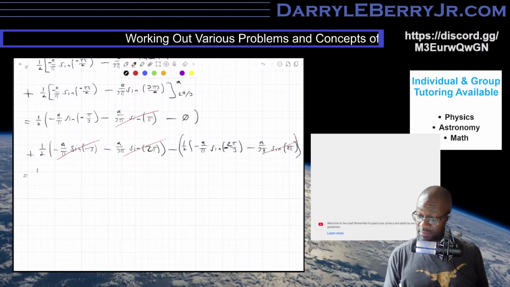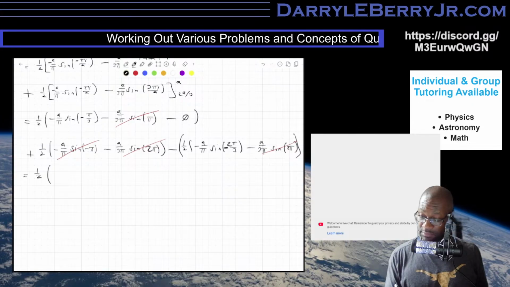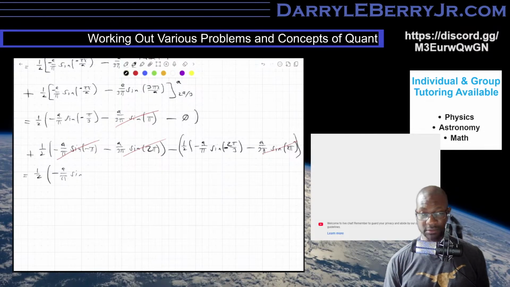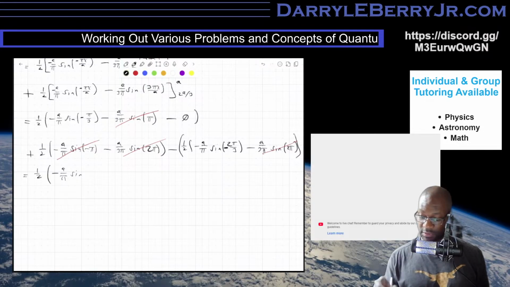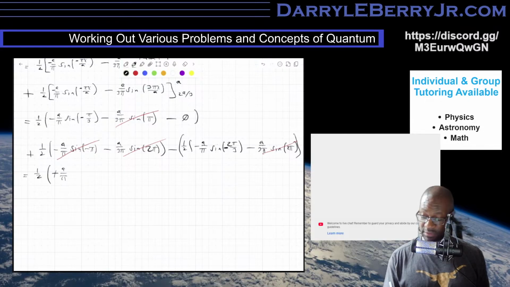So we're left with 1/2 negative a over pi, and sine is odd. So negative is the negative of that.